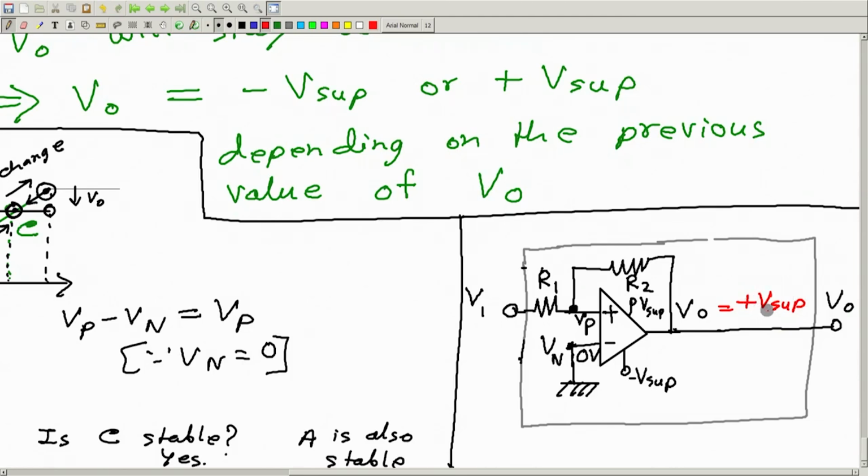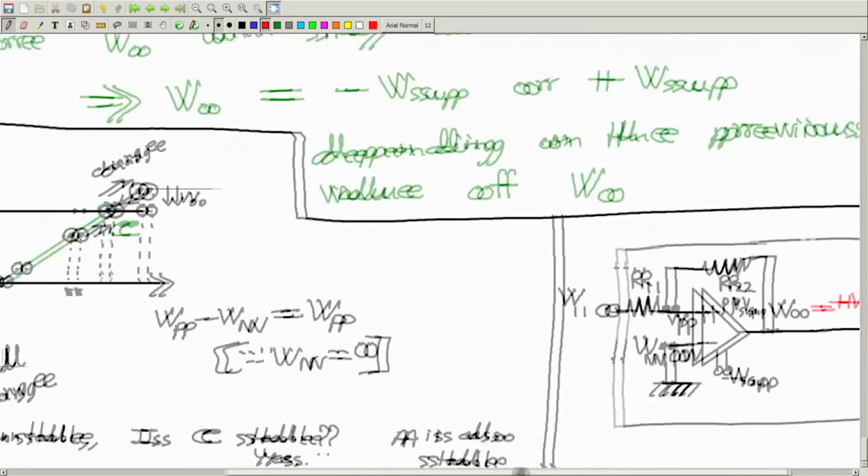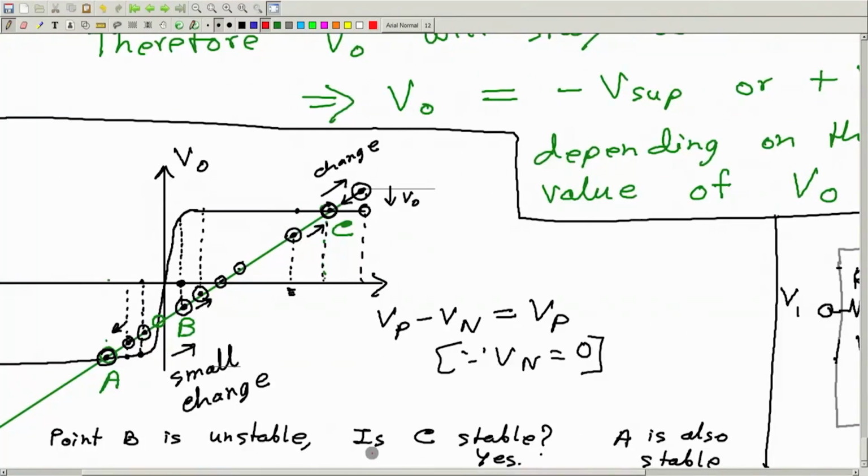Let me just take a concrete example. Let me call this V supply equal to 15 volt, so this will be minus 15 volt.